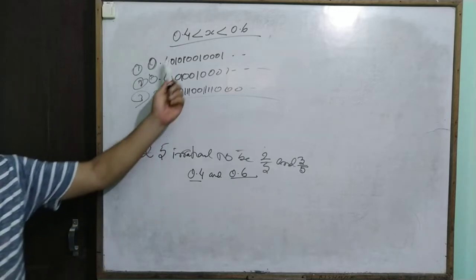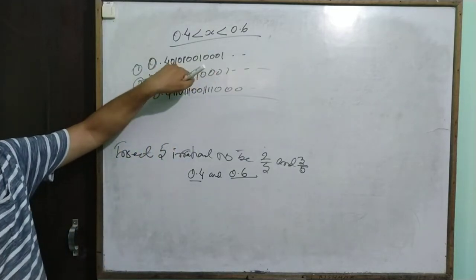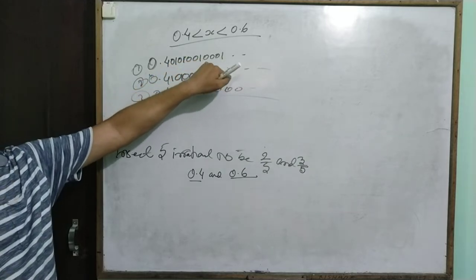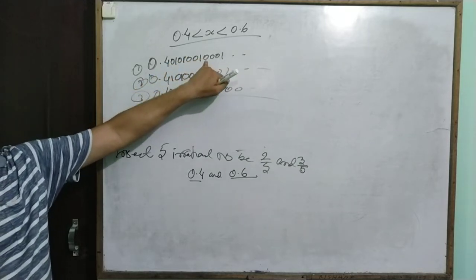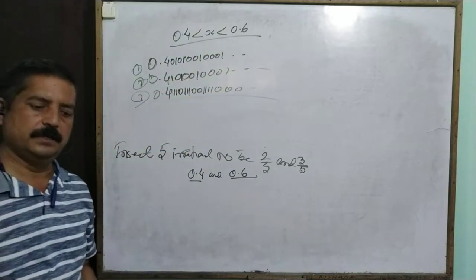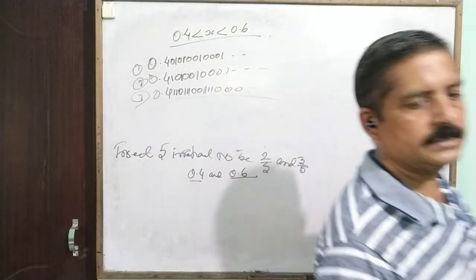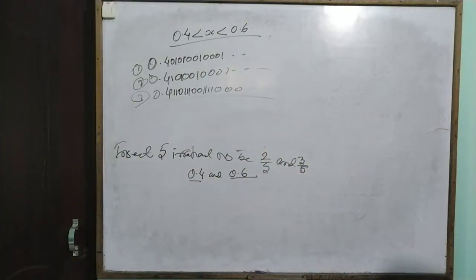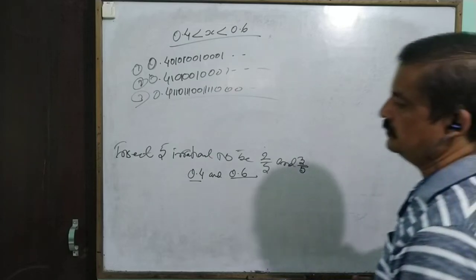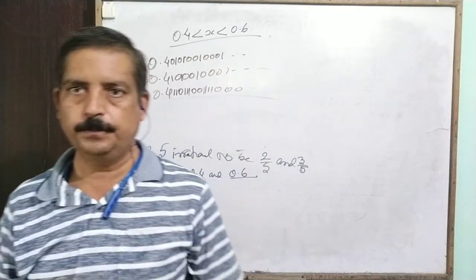All these numbers are irrational because all the decimal places after the decimal point are not repeating. So that is irrational. So that's the process to insert irrational numbers between two rational numbers.